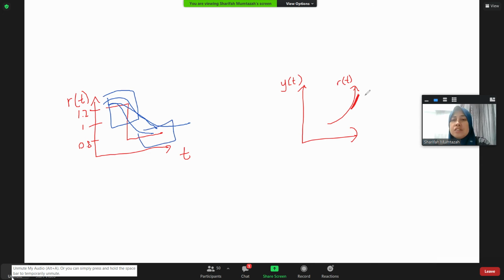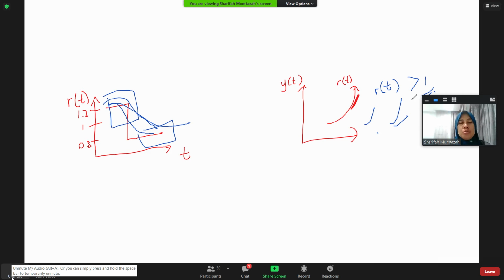So whenever RT is more than 1, it will always be exponential. It will just be, let's say, 1.1 compared to 1.2. What is the difference between 1.1 and 1.2? 1.2 is steeper, 1.1 is less steep. That is the only difference.